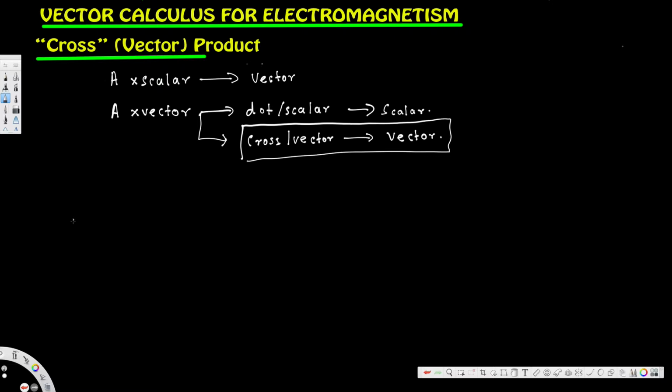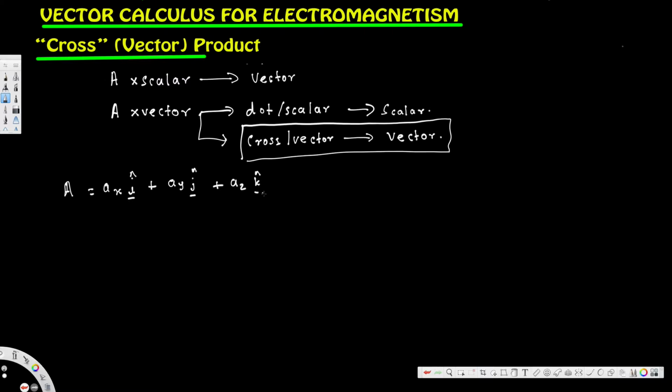Now let's look at a vector function. Let's say we have a vector function a that has three components in 3D space: ax i hat, plus ay j hat, plus az k hat.